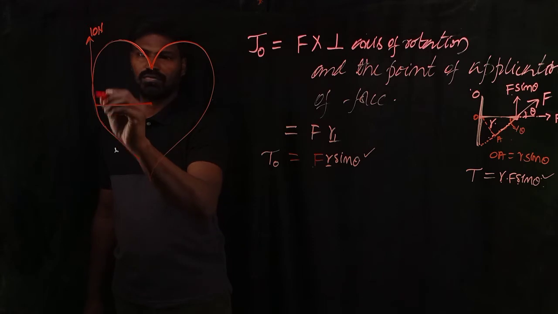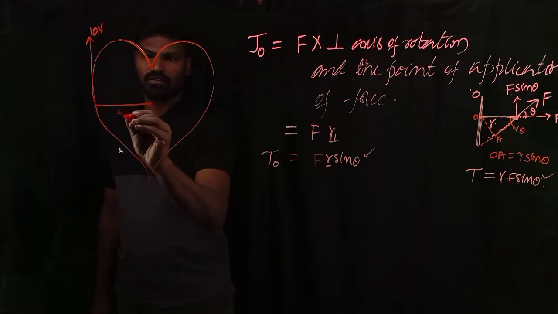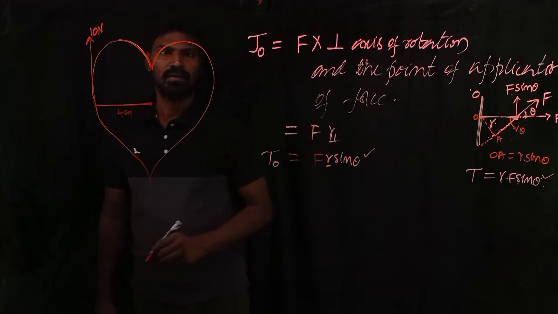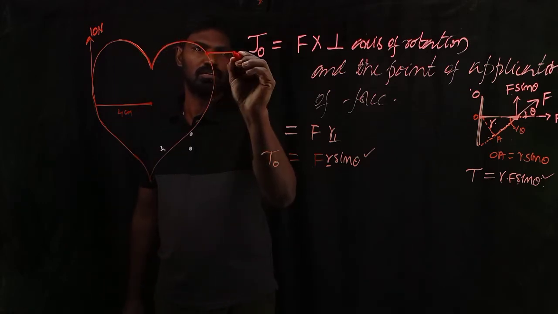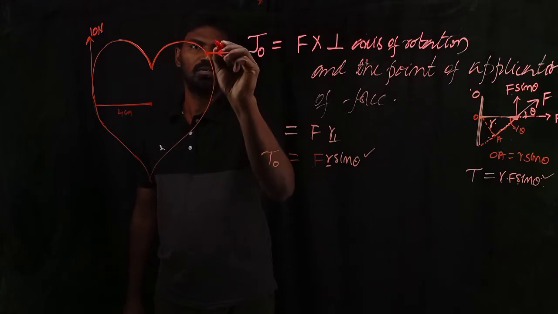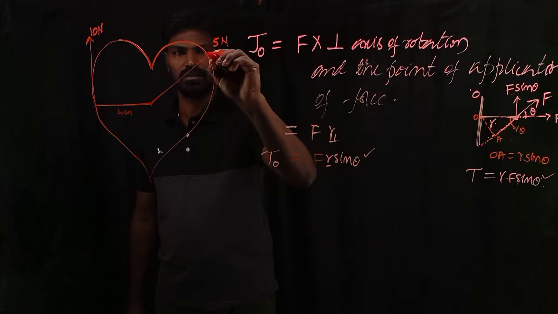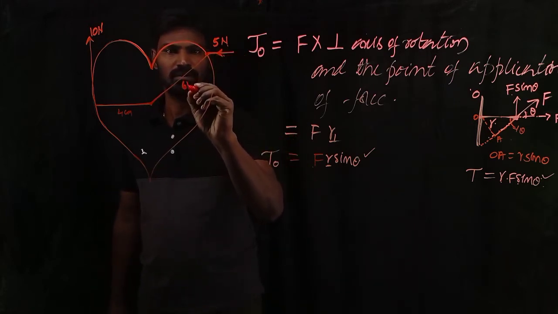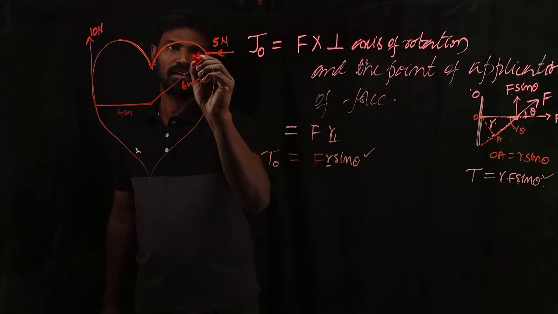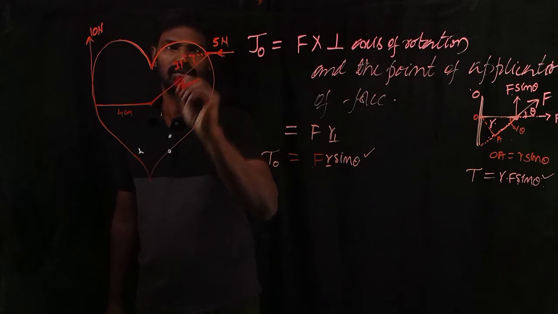The distance of this line of action of force from this center, I am taking as 4 centimeter. Somewhere over here, there is another force acting on this body in this direction, whose magnitude is 5 newtons. This distance I am taking as 6 centimeter, and this angle is given as 37 degrees.